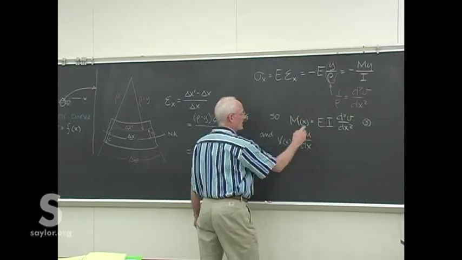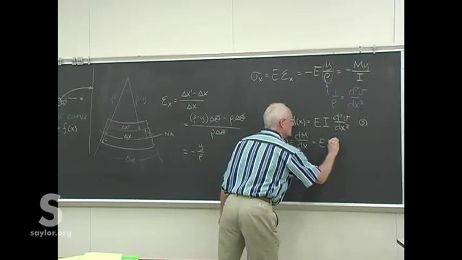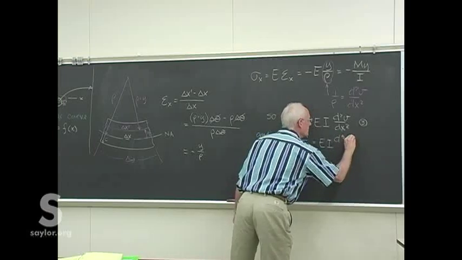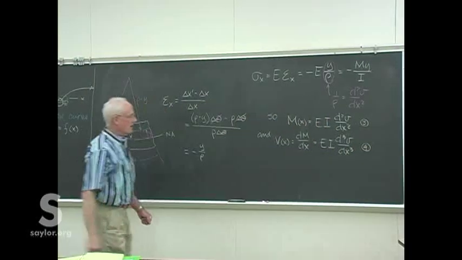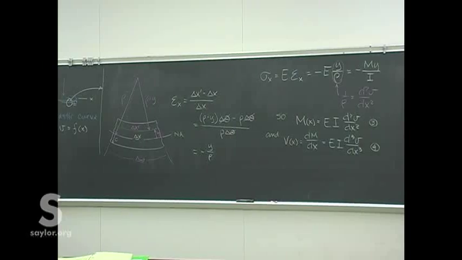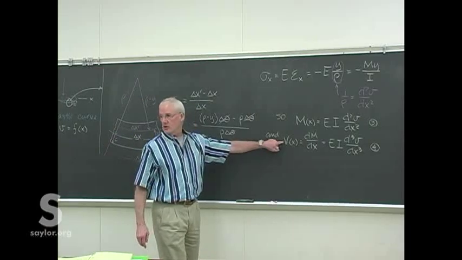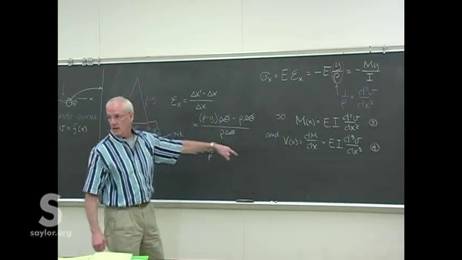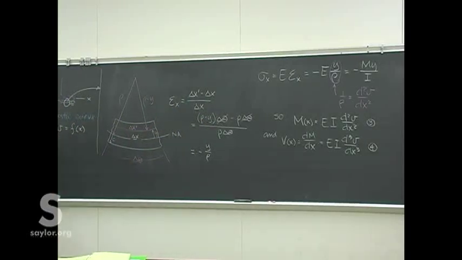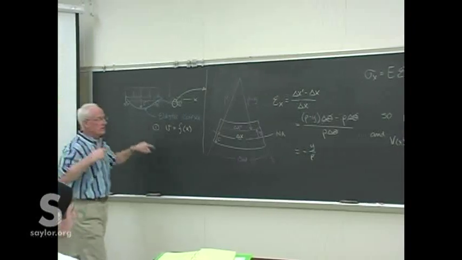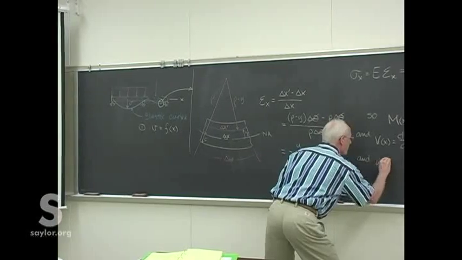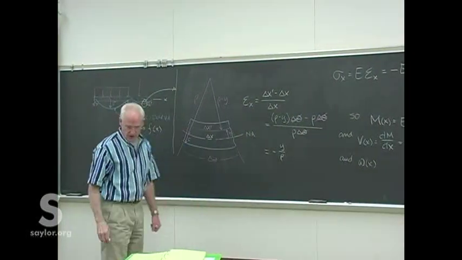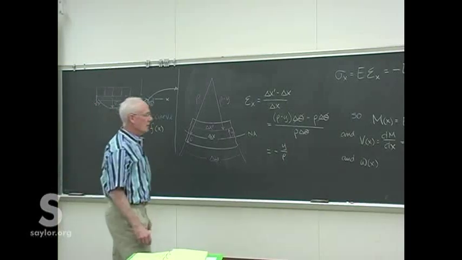But we know now that the moment itself is EI times the second derivative, so this becomes the third derivative of the elastic curve we seek. So we might have a problem where it's just a lot easier to find the shear as a function of x than the moment as a function of x. And so we start integrating from there, and we integrate back to our curve. And that's exactly what we're going to do today. And then the last little piece is that we can relate the shear to the load.